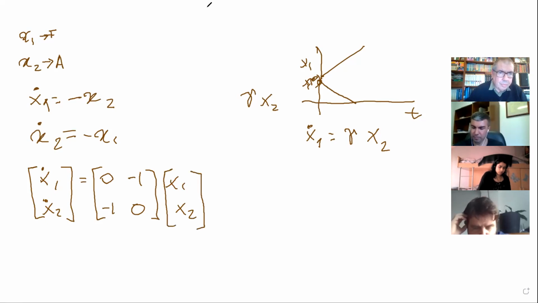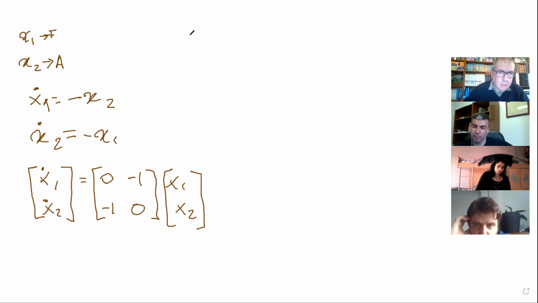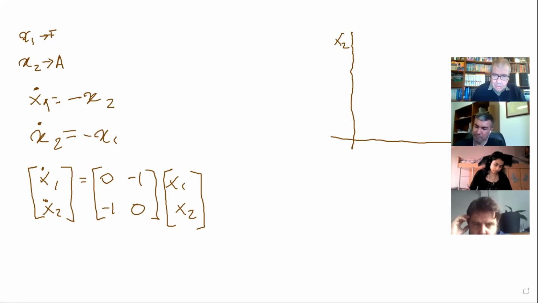Now I want to know what the phase portrait of this is. So I want to sketch my phase portrait, with x2 and x1 as axes. Compute the eigenvalues and the eigenvectors. Do it.